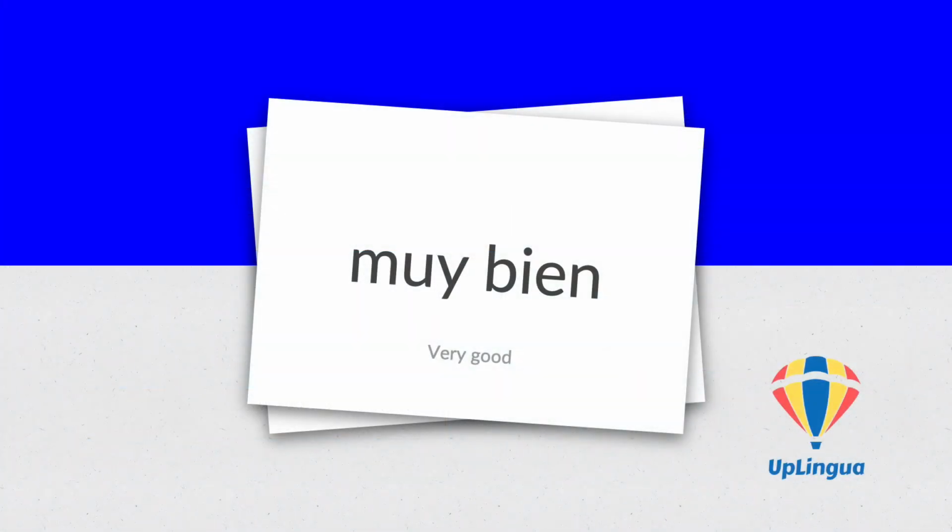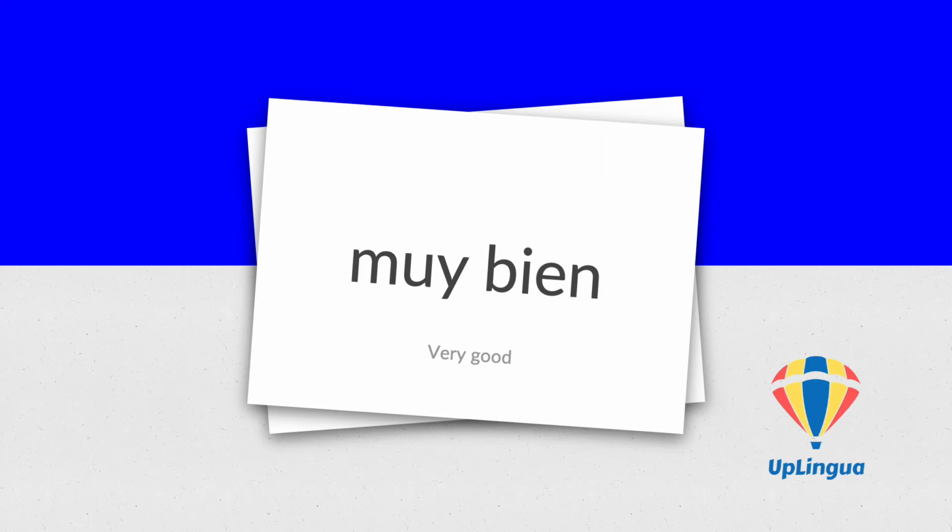Now let's look at a few phrases that we just heard during the conversation. Muy bien means very good. Muy is very. We've heard that word before. Bien is good. Same as bueno, bien, buenas. Good. Muy bien. Let's try repeating after me. Muy bien. The pronunciation of these words is quite easy if you're using sounds that you're used to.